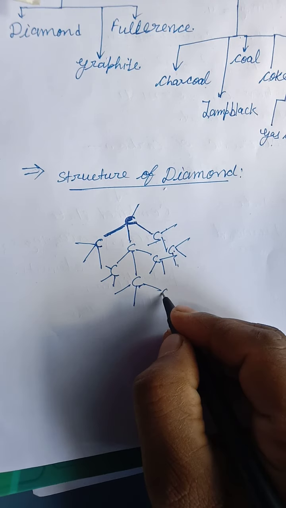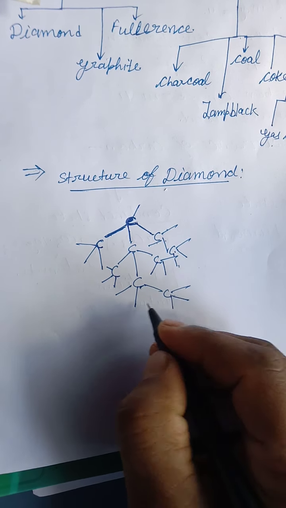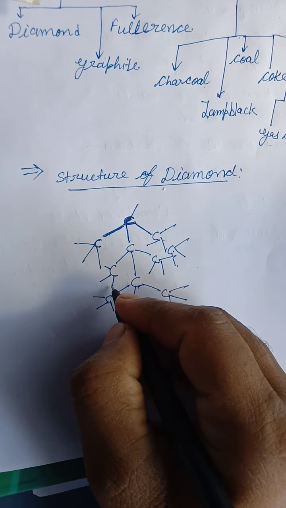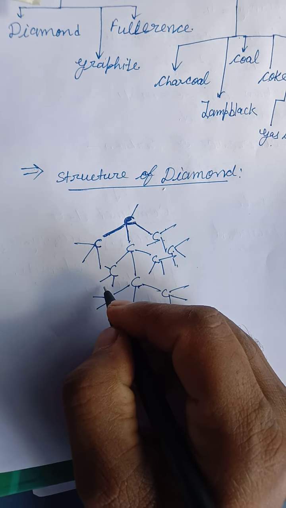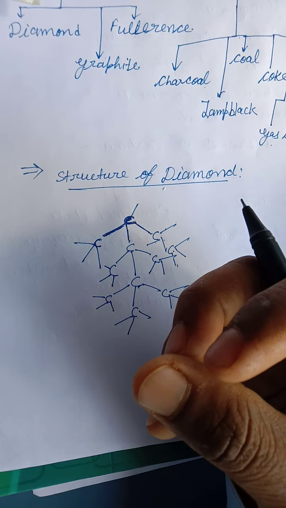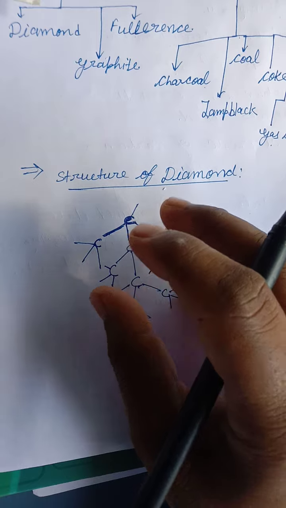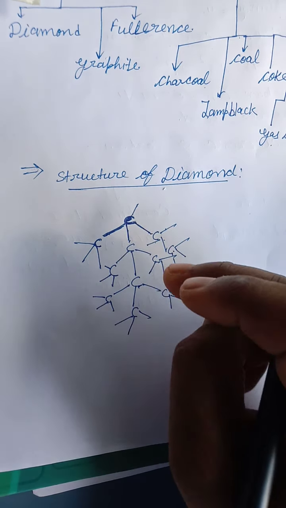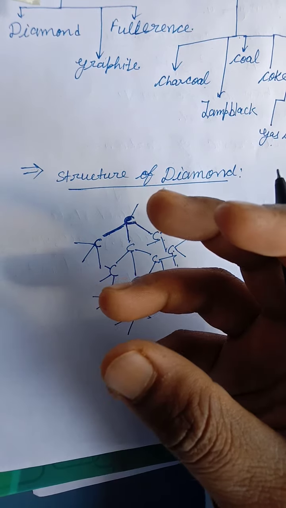Understood? So what happened? It will form a network type structure. Network type structure means what, my dear? It is just like a network, in which one carbon is attached with another carbon, one carbon attached with 4 chemical bonds.